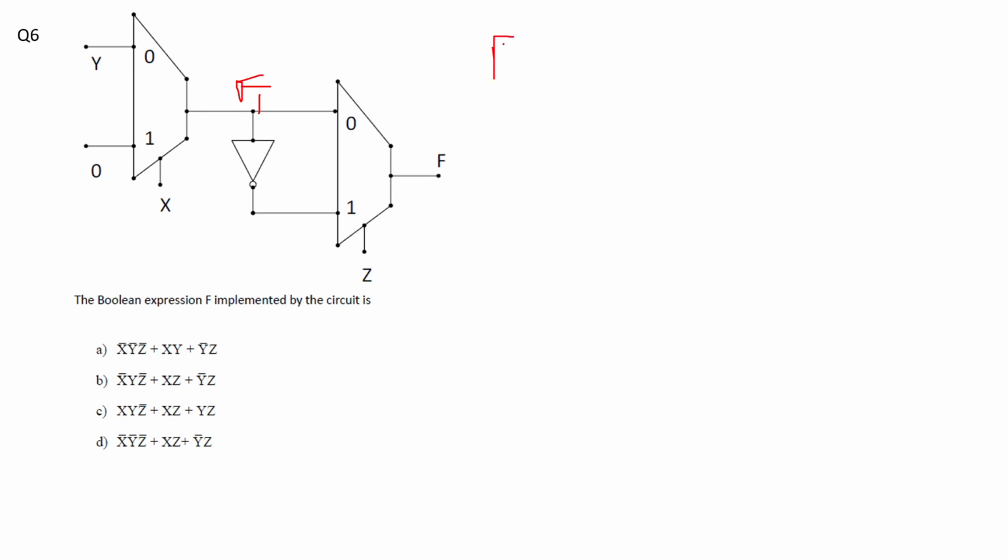First, F1 is equal to x' I0 plus x I1. I'm writing x because x is given to the select line. As I1 is 0, F1 is simply equal to x' I0, and at I0 we are giving input y.